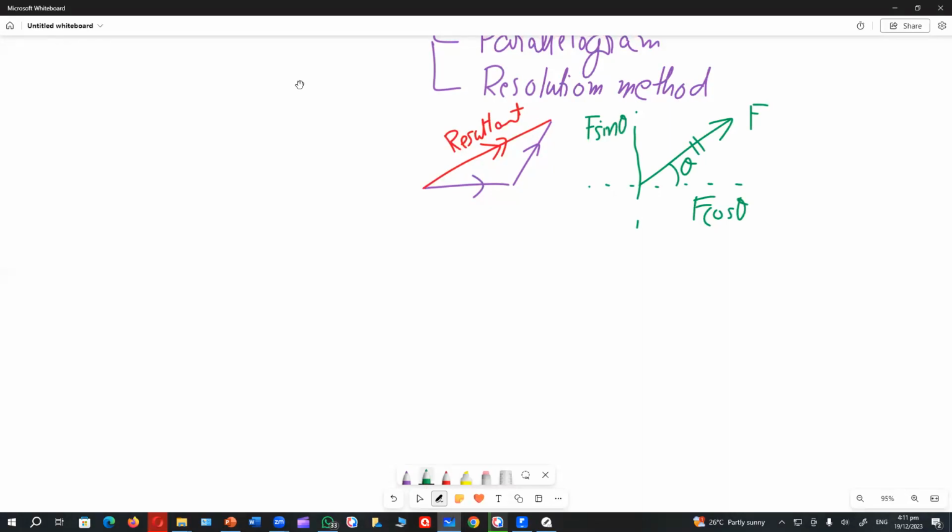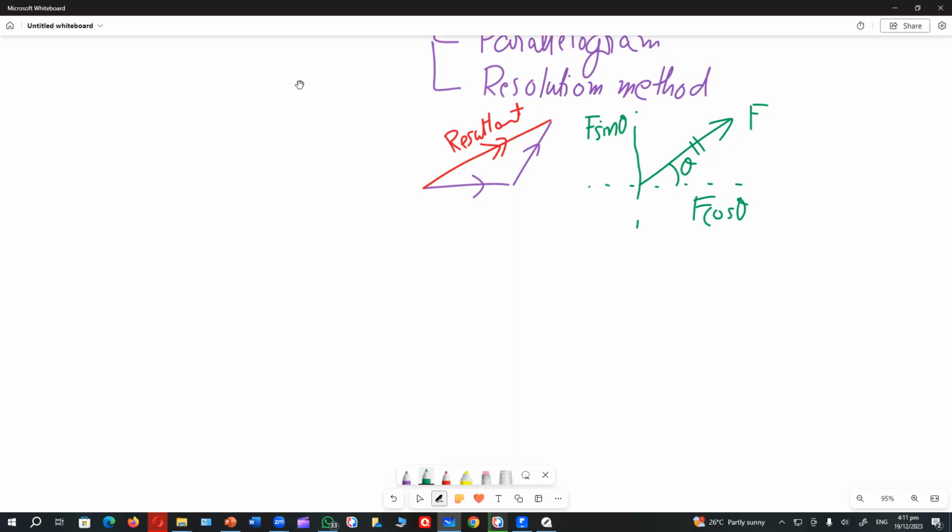This is how you resolve a vector into two components: one is called the horizontal component and the second is called the vertical component. So every vector has two components, horizontal and vertical. So you resolve the vectors.